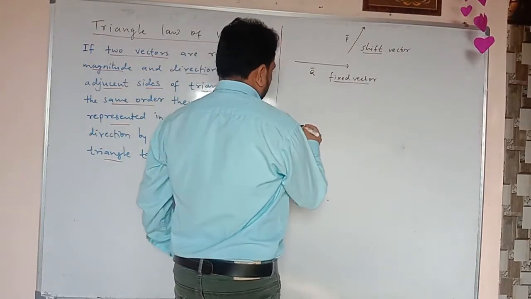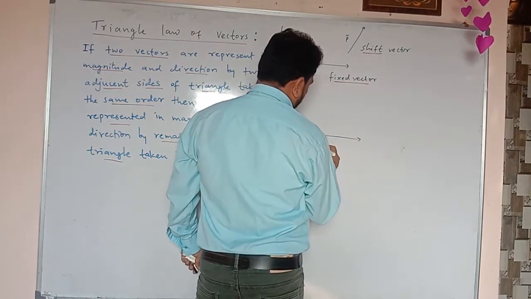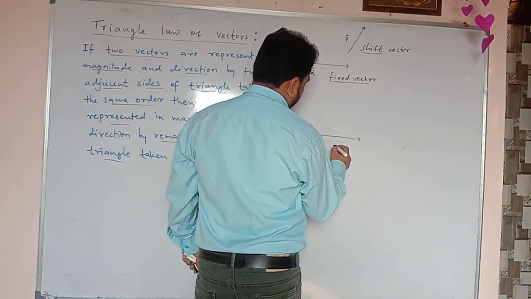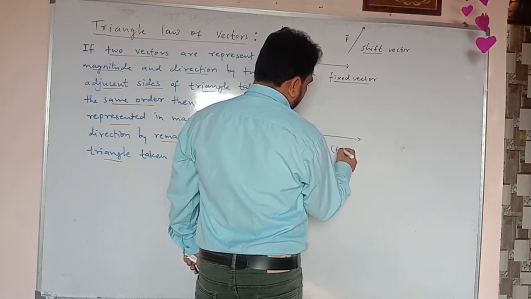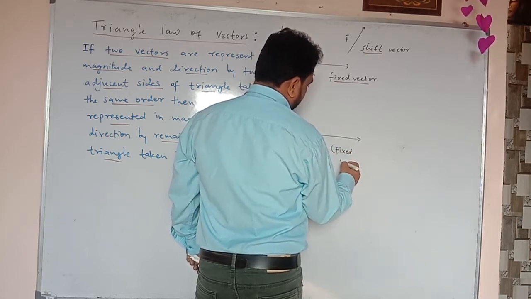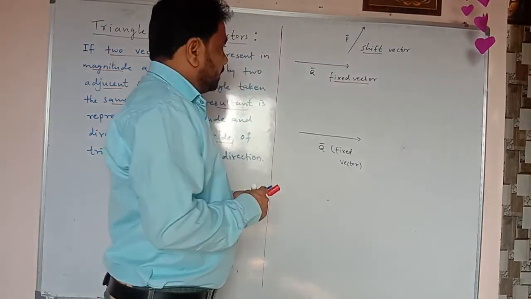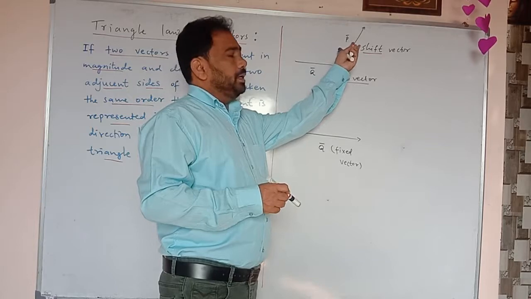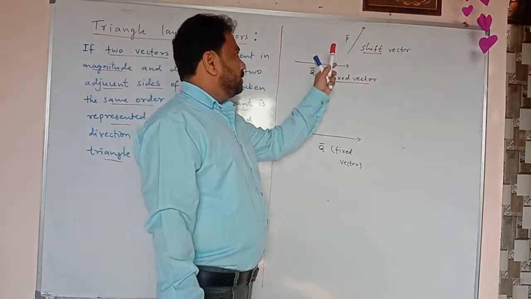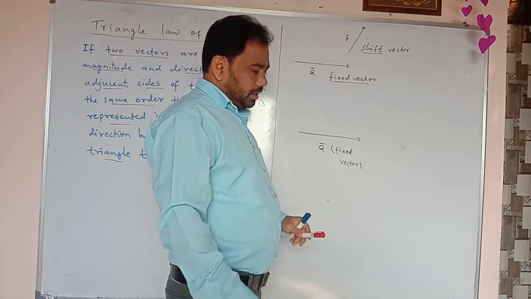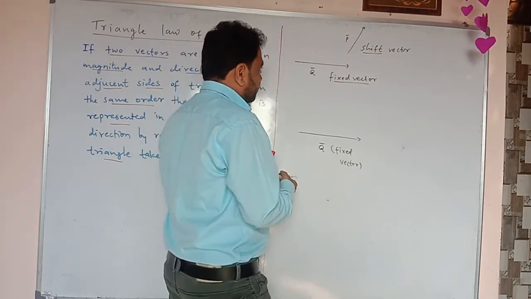Draw the vector q, which is a fixed vector, and another vector, vector p. This vector p is a shift vector, therefore we can shift the p vector like this.